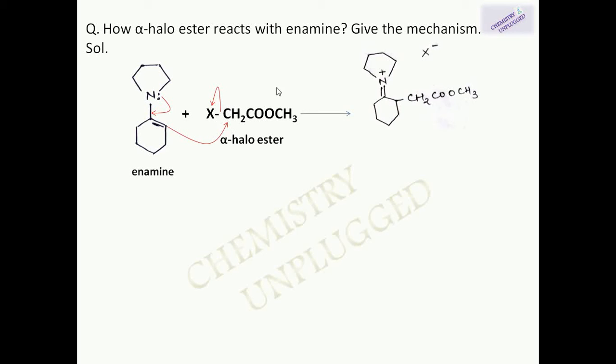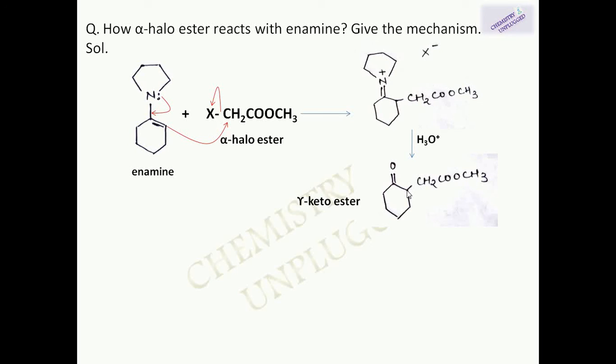So we have one iminium salt here. Iminiums are the compounds that have a carbon nitrogen double bond. So it is an iminium compound. Then we do hydrolysis. After hydrolysis, as I said earlier, this pyrrolidine group will be removed and we have the same ketone group as we have in the reactant.